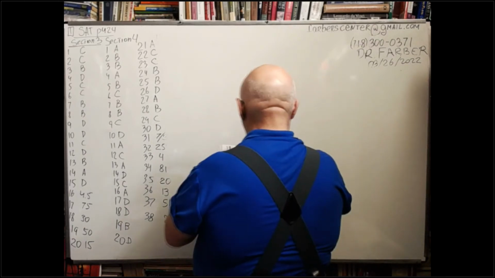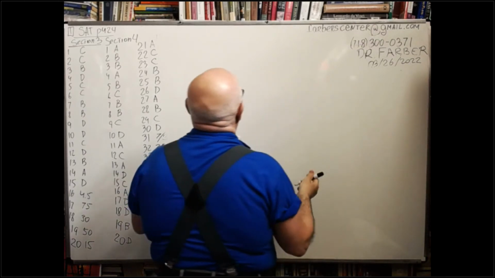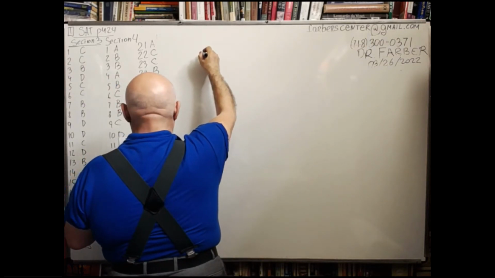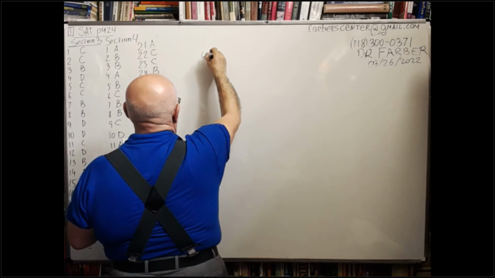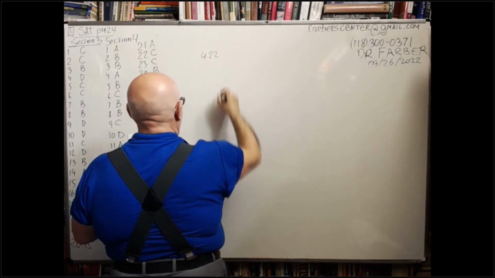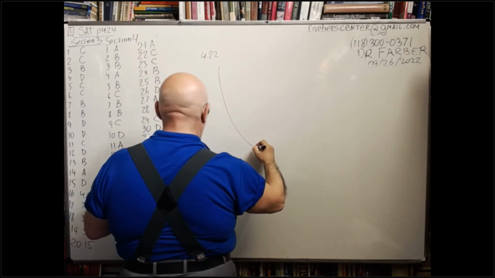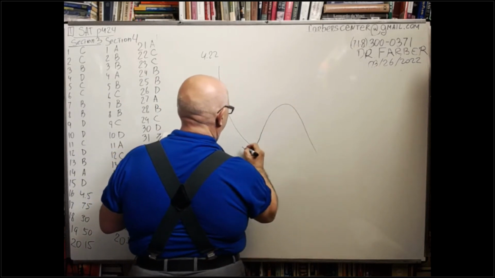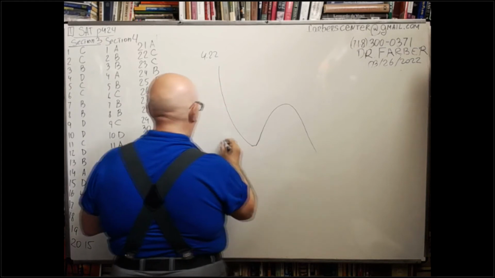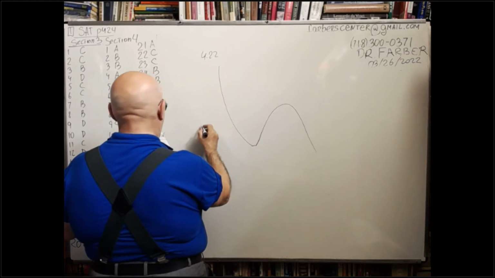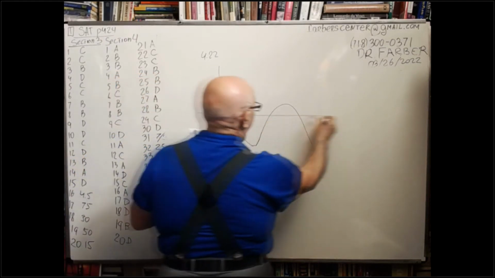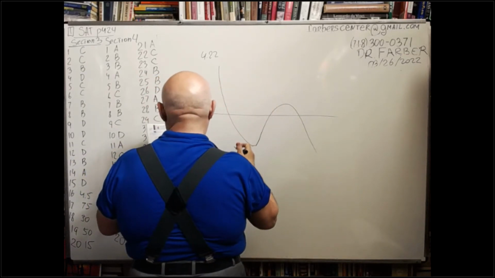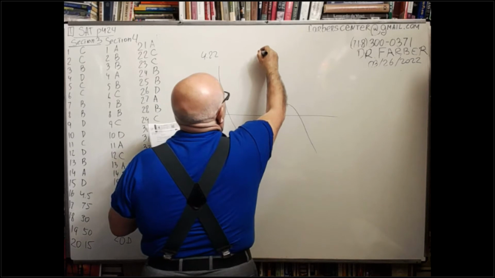And for 422, I refer to this picture because it's what I will do, it's not to scale. This kind of camel goes like this. And we have characteristics and coordinates.